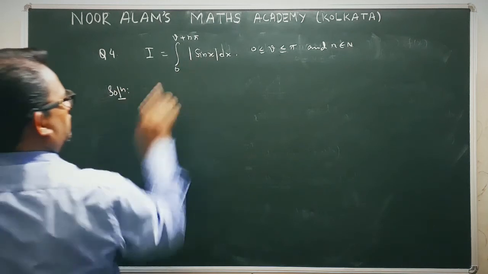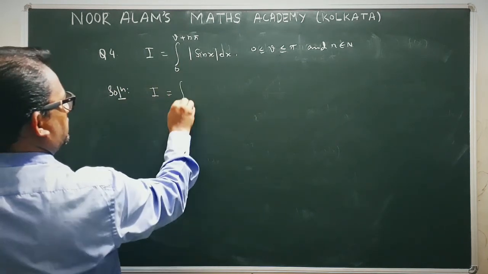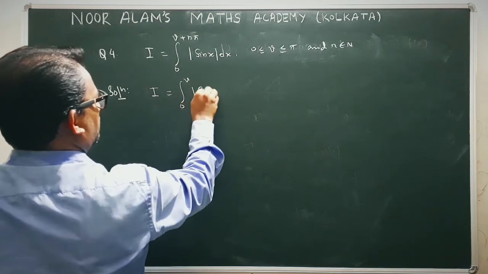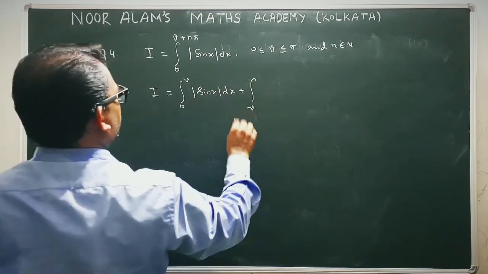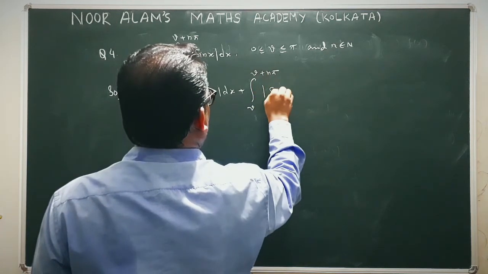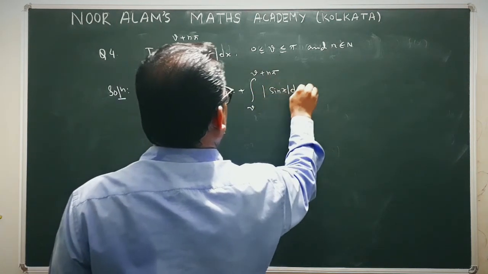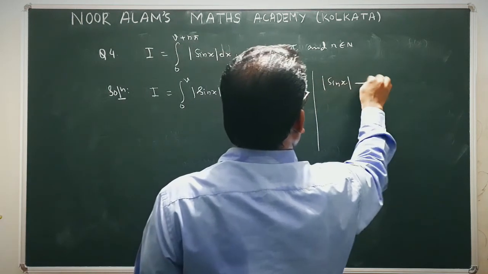We know that mod of sin x has the period pi, so we can write it in this way: the integral from 0 to v of mod of sin x dx plus the integral from v to v plus n pi of mod of sin x dx.